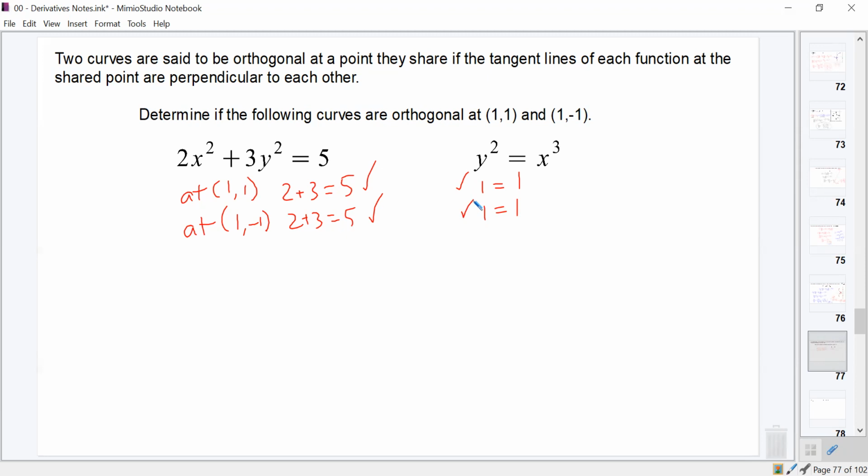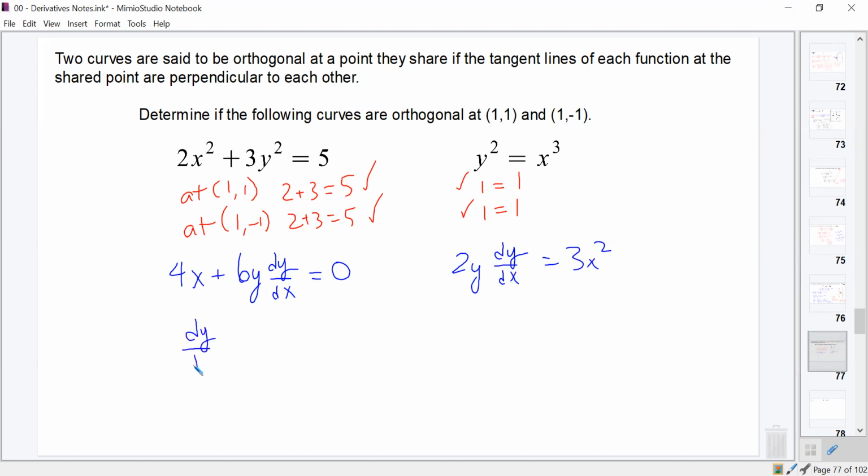So let's find the slopes of the functions at those points. Let's find their tangent line slopes. So we'll get a derivative here of 4x plus 6y dy dx equal to 0. And for the other one, we'll get 2y dy dx is equal to 3x squared.